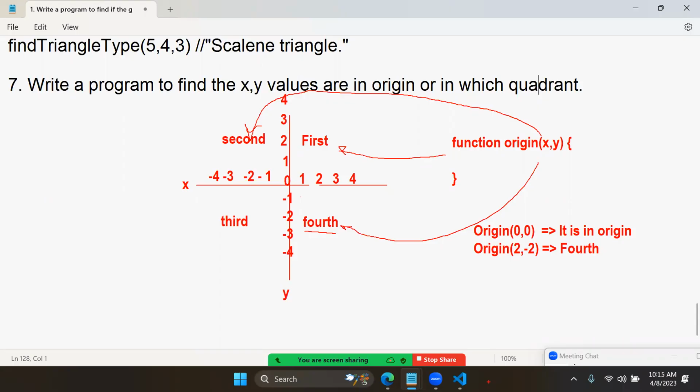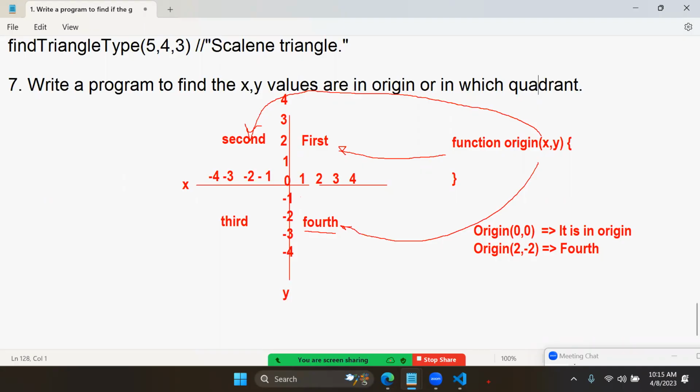What do you return? Where is X? X is greater than 0, not equal. It should not be equal, only greater than. Equal means horizon. X is greater than 0 and Y is greater than 0.